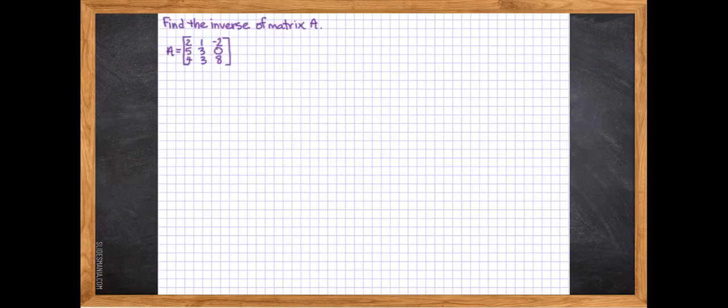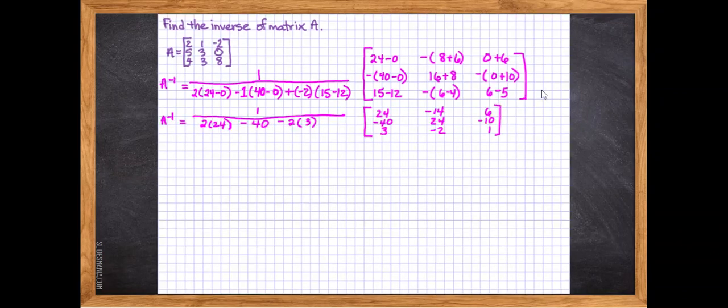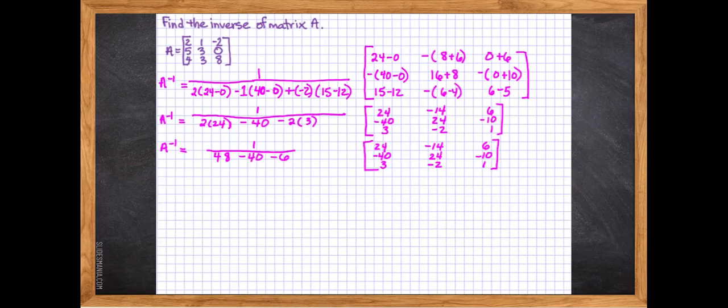So let's use this formula to find the inverse of matrix A. We're going to do the matrix 2, 1, negative 2, 5, 3, 0, 4, 3, 8. So here we've substituted each of the elements of this matrix into the formula that I presented you with. And simplifying produces this result.